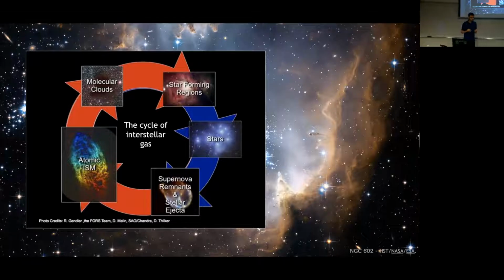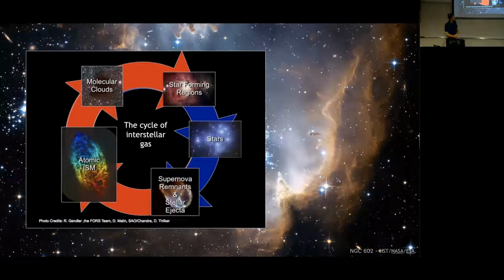They emit radiation, they emit winds, which shape back the gas around them. And finally, some of them, if they're massive enough, explode as supernovae, injecting even more energy into the interstellar medium.